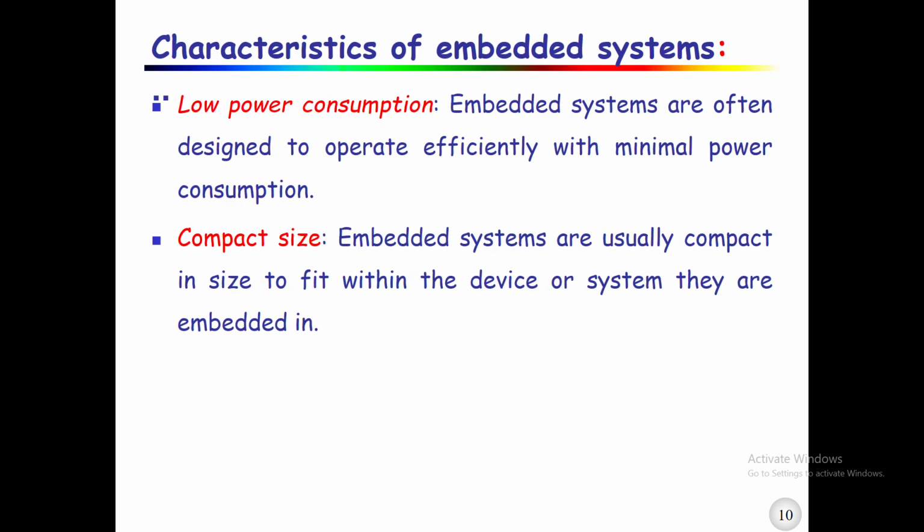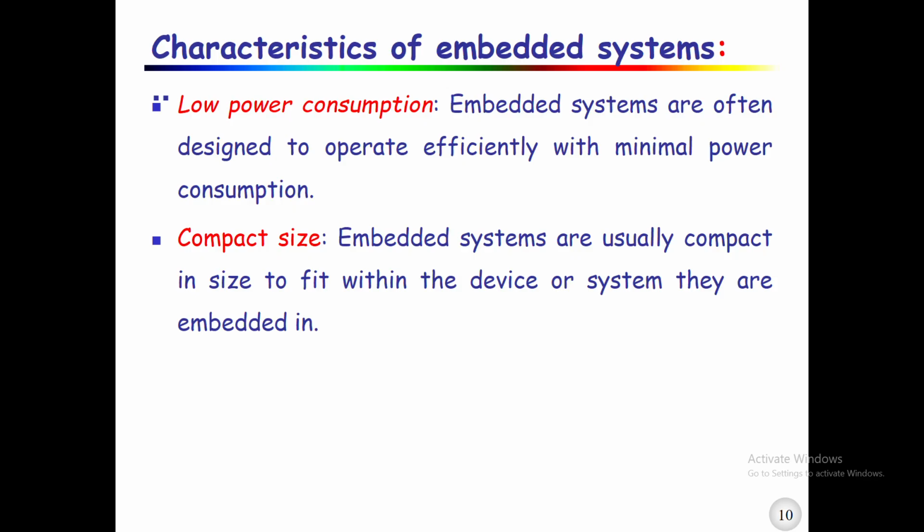And the other thing is low power consumption. Embedded systems are often designed to operate efficiently with minimal power consumption. We also have compact size, as you know from our previous example. For example, if we are implementing embedded hardware in our refrigerator, its size should not be equal to the refrigerator.